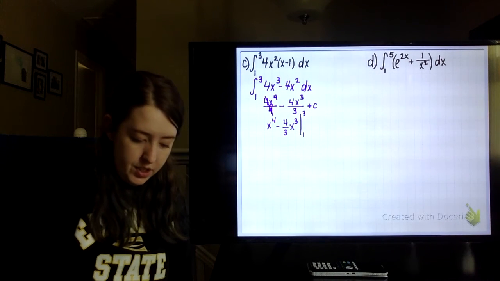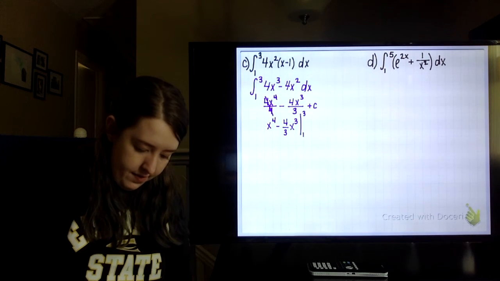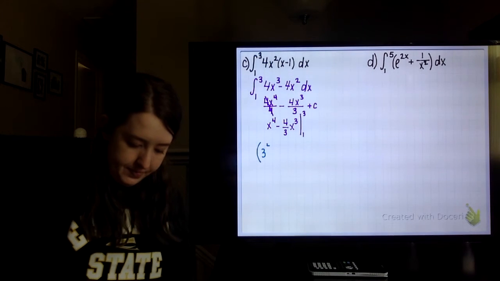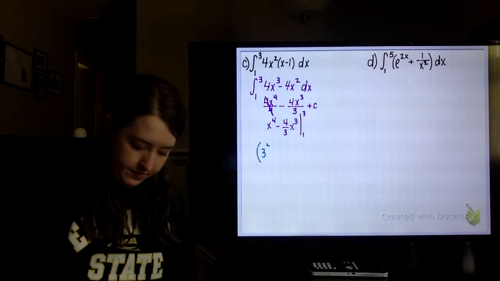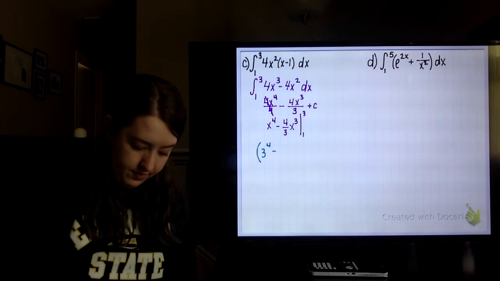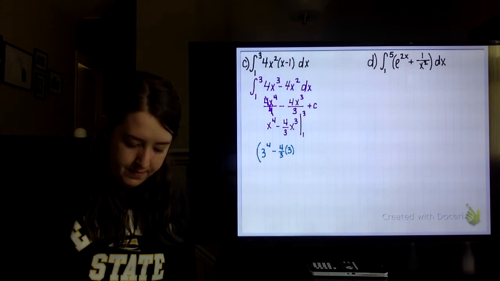So first thing we'll do is plug 3 in to that guy. So we'll have 3 to the fourth power minus 4/3 times 3 cubed.